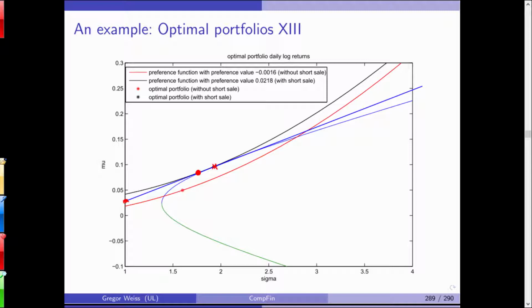But I wanted to show you that even with a simple example of 7 stocks and some real data, you can simply construct all those results from Markowitz portfolio theory. And in this case, you can see that by allowing short selling, you can increase utility by moving to a higher indifference curve and taking the portfolio that is the tangent point of your indifference curve with the efficient frontier. And finally, you have a portfolio on the efficient frontier.